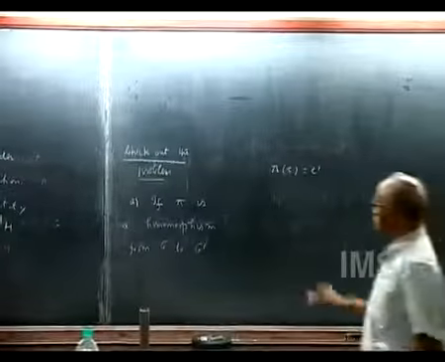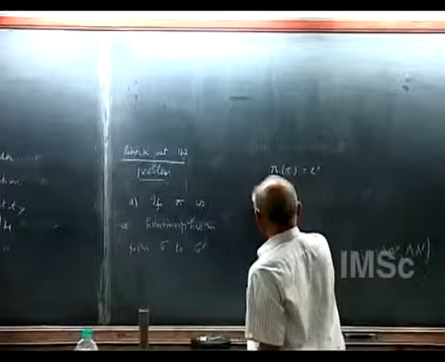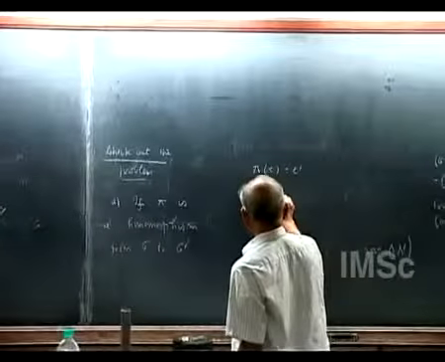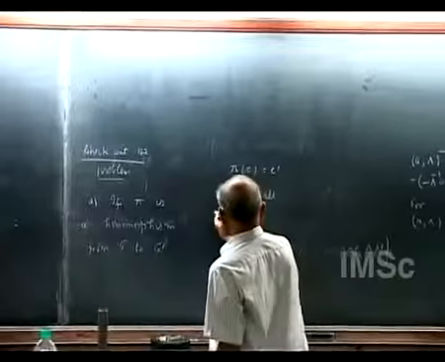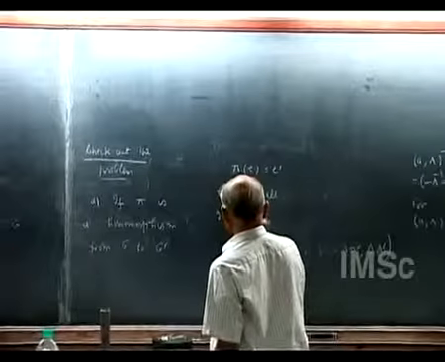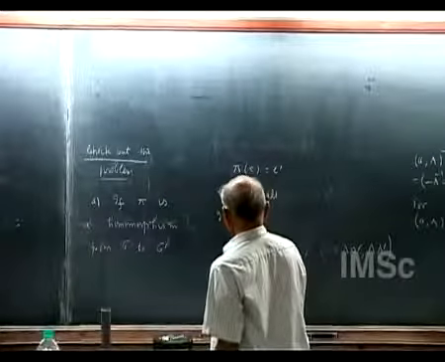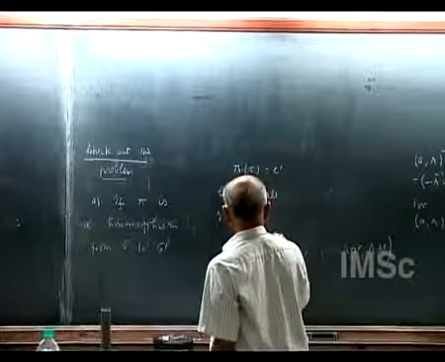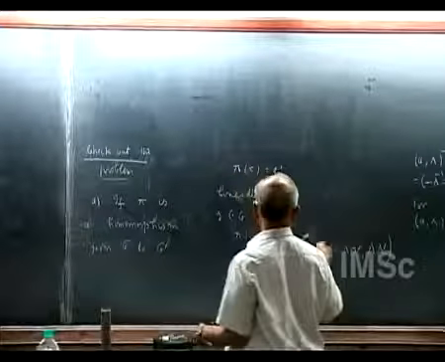But consider all g in G such that pi of g is E prime. There is no reason why this map should be 1 to 1.